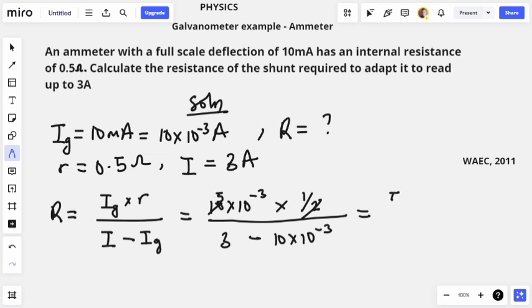So you have 5 times 10 raised to the power minus 3 divided by 3 minus, here what you have is 10 divided by 1000, since 10 times 10 raised to the power minus 3 is the same as 10 divided by 1000, which is 1 divided by 100.